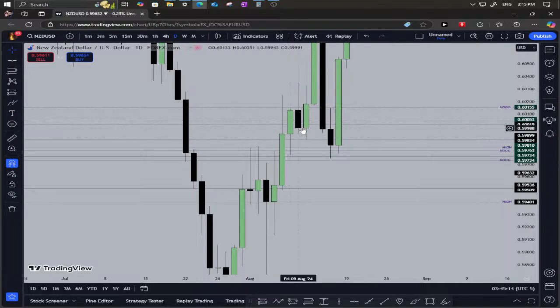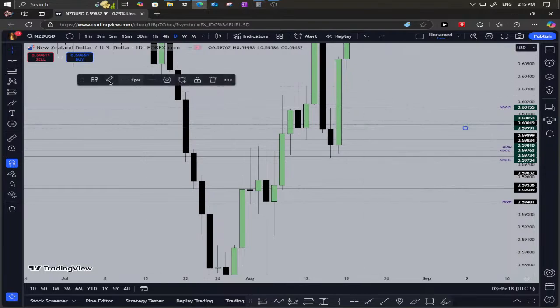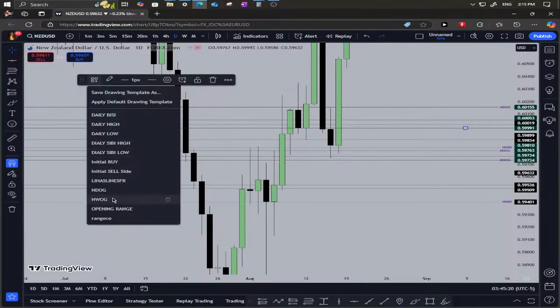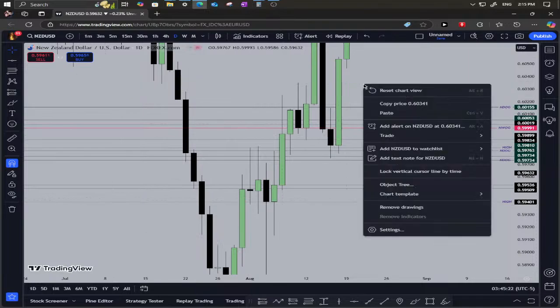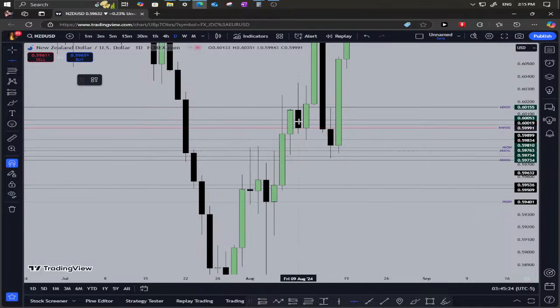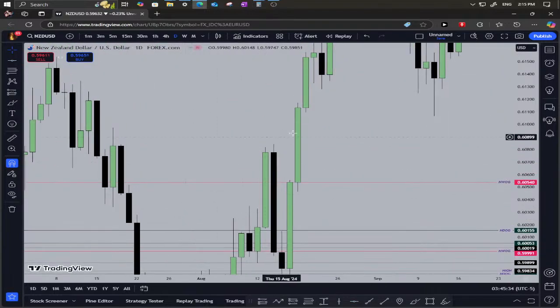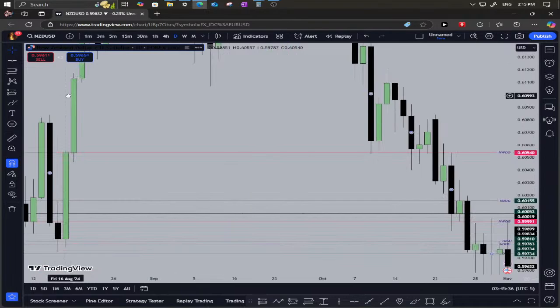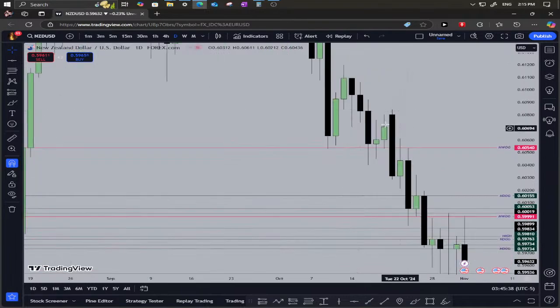This one as the NWG. Price can use this level. This one also, and WOG, and I don't need anything else.